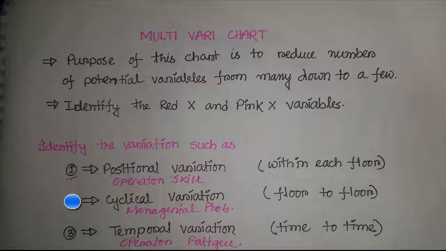When cyclical variation is more, that means the problem is with managerial skill. And temporal variation happens between time to time. When temporal variation is more, that means the problem is operator fatigue.